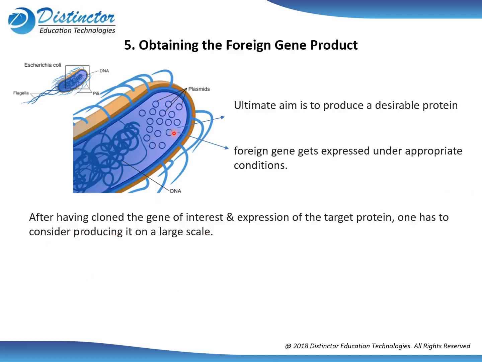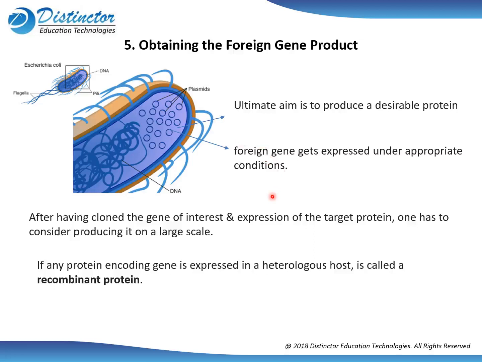So far we are doing this in a laboratory. That means until the host cell stage we use it in a laboratory. Once we insert the gene into the host cell, we introduce this E. coli or any host cell into a large scale system. Then only can we produce a large number of products.